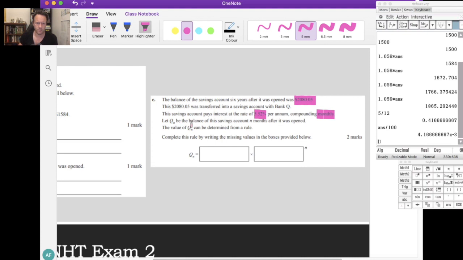Let Qm be the balance of this savings account in months after it was opened. Complete the rule by writing the missing values. Alrighty, so our rule, let's kick it off.